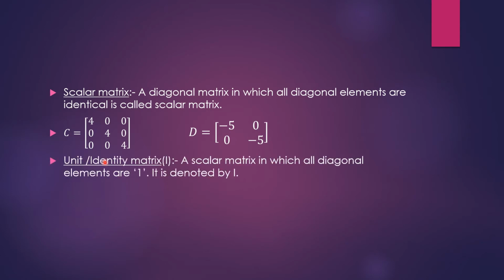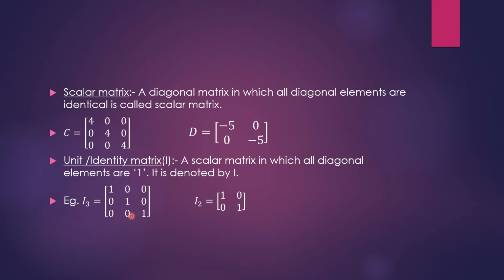Next, unit matrix, or it is also called identity matrix. A scalar matrix, it means by default all diagonal entries must be the same, and it should be compulsorily one only. Here in scalar it could have been anything, but in unit matrix or identity matrix, diagonal elements have to be 1, and this matrix is denoted by I. I stands for unity over here.